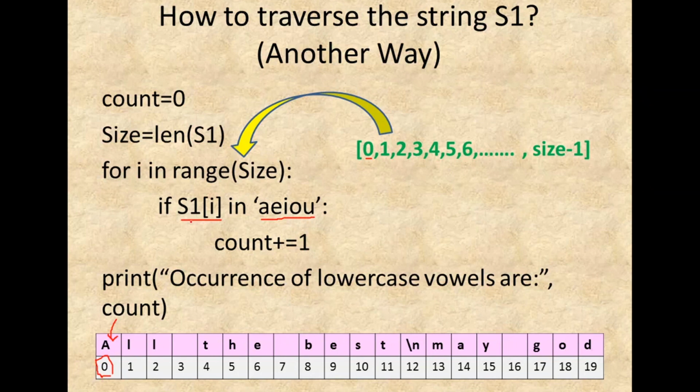So because S of I, which is S1 of 0, which is capital A, it is not matching, it will proceed further. Like that, it will go to 1 position, 2 position, 3 position, 4, 5. Finally, when I will become 6, so S1 of 6. At this place, what is written?